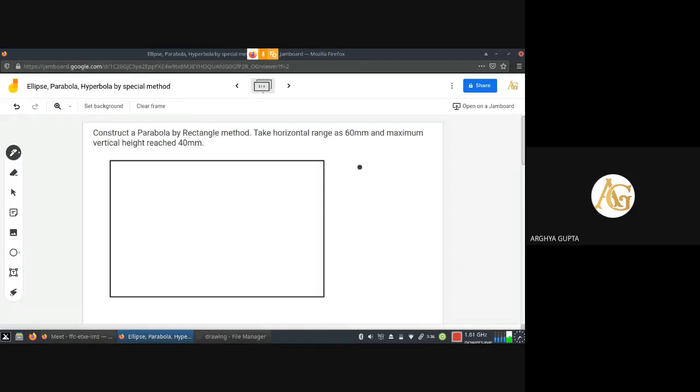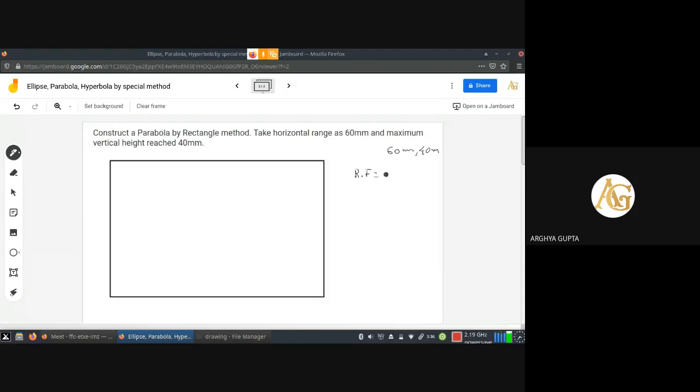So for that case, if the distances are given as 60 meter and 40 meter, then what we have to do, let me show you. With these distances, no diagram can be drawn, so we have to reduce the dimensions.